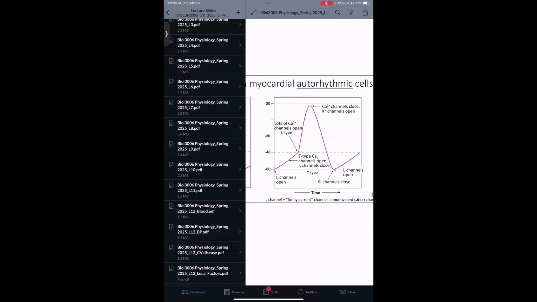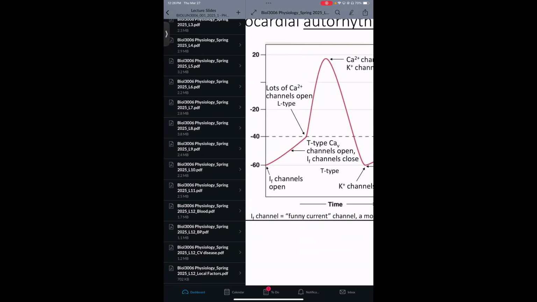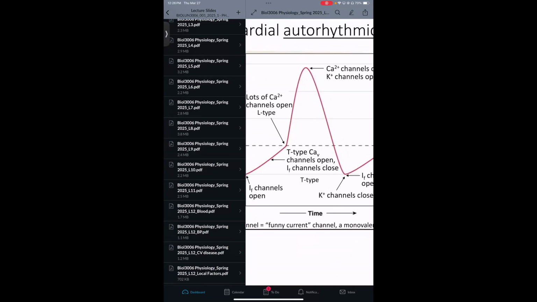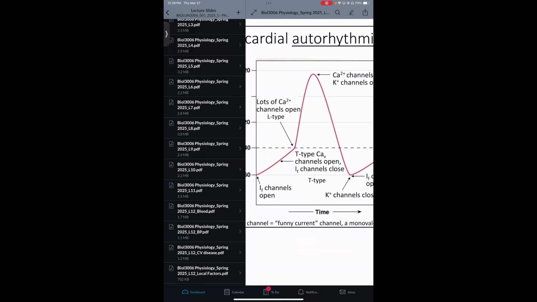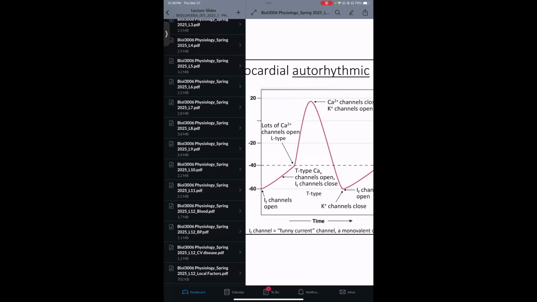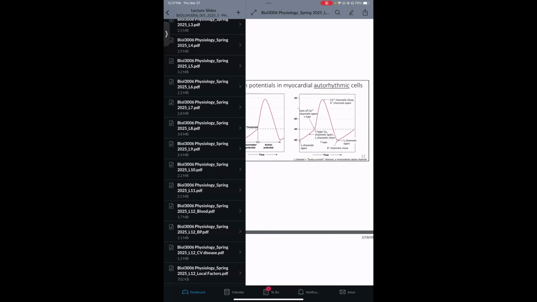So this is the I-funny channels over here, like at the start. If they open, they would make it more of a depolarized state so that it helps the T-type calcium channels to open. So they're all working one after the other. It does increase the activity.